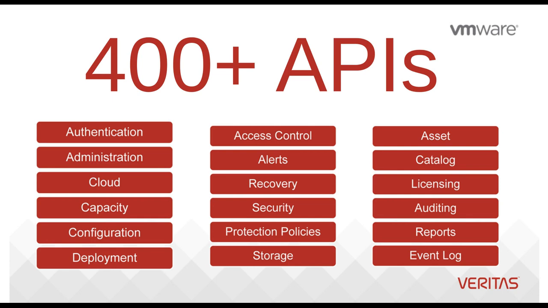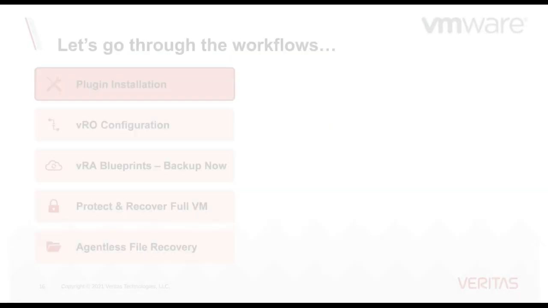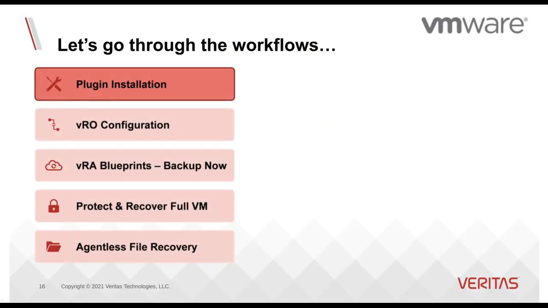What I would like to do for the next few minutes is cover the different aspects. We're going to look through the plugin installation, through the configuration steps, run through a backup now, which is a way to perform a backup right away. You don't have to think about protection plans.